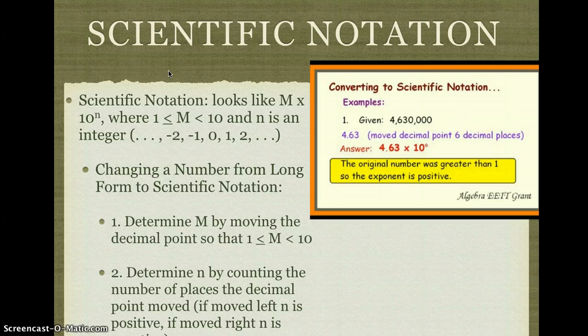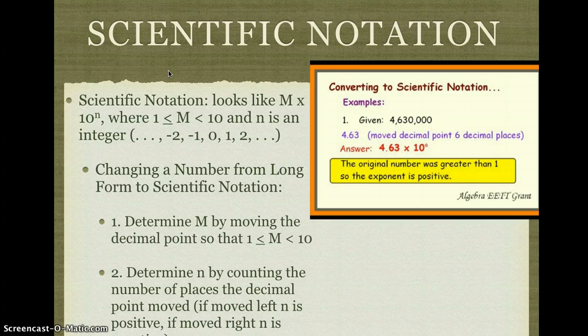We start with the number 4,630,000. That's several extra zeros that we don't really need to write. So to convert it into scientific notation, first step you see in purple there, you need to move the decimal to make the number between 1 and 10. And to put it between the 4 and the 6, 4.63 is between 1 and 10. That's our first step.